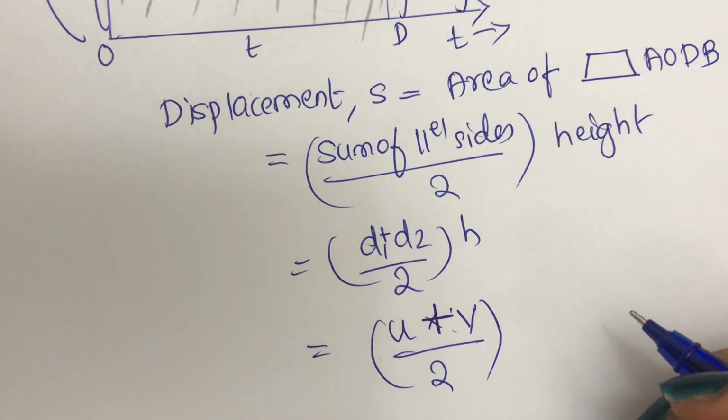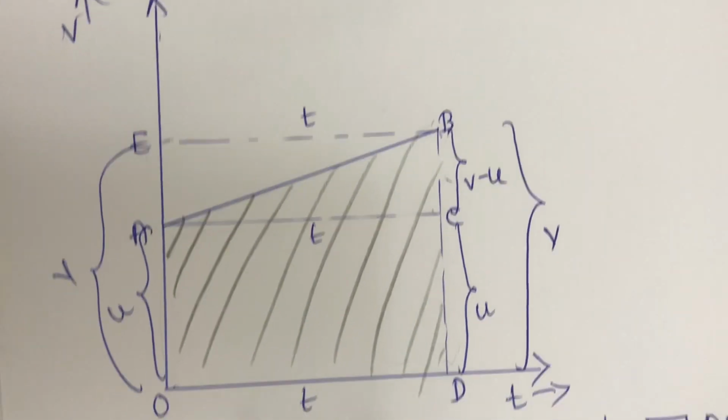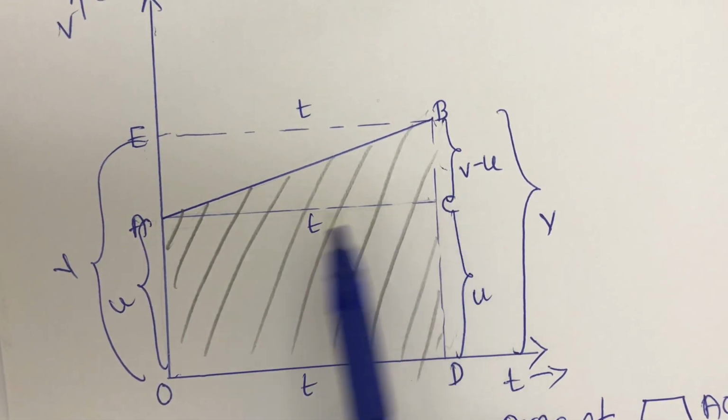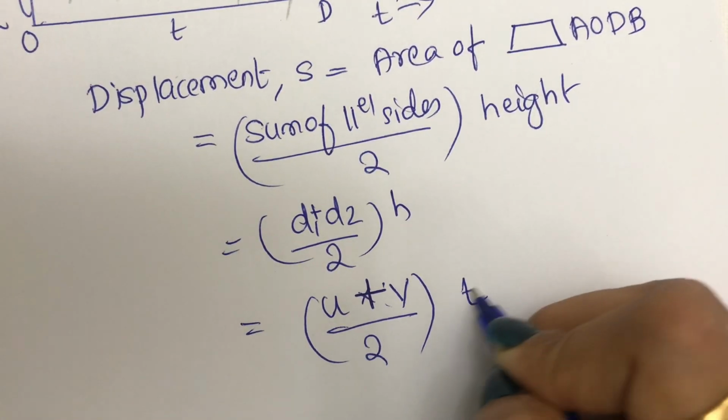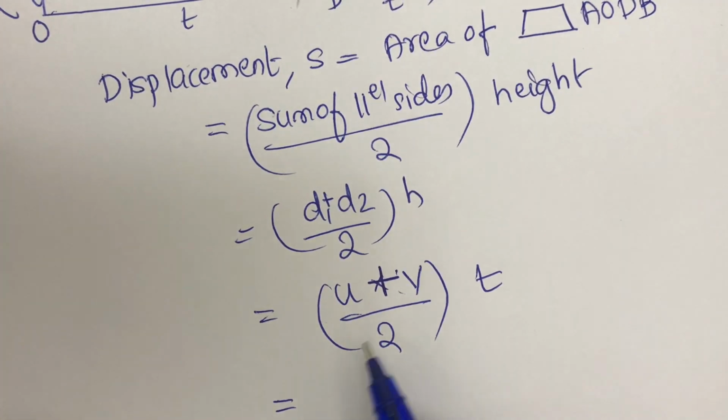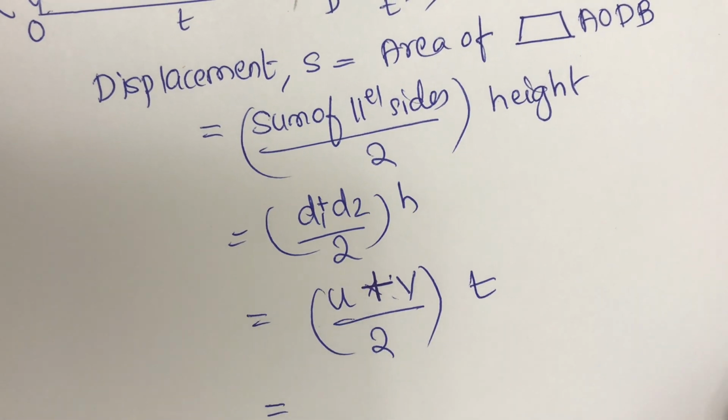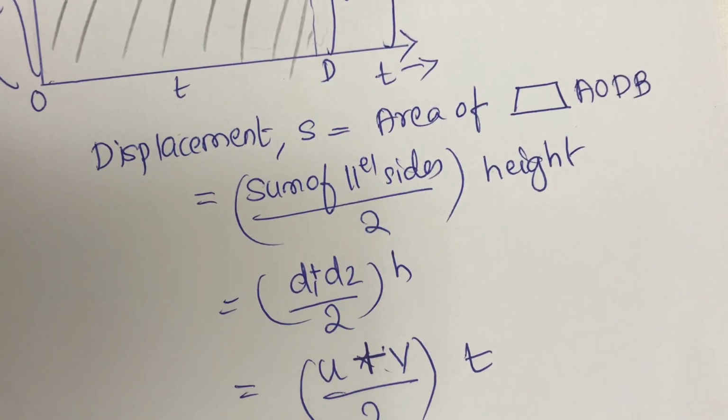How much is the height here? This is the height, no? Height is t. So it is (u plus v) by 2 into t.